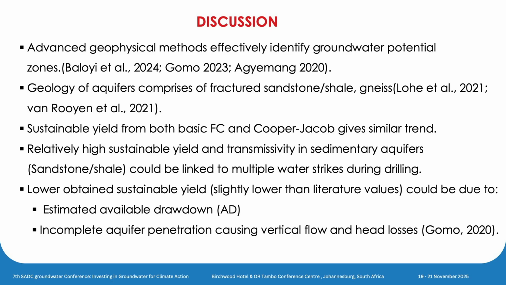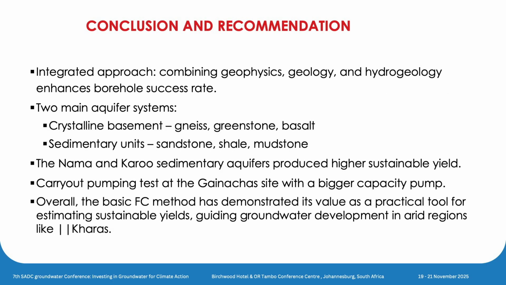and this could lead to vertical flow and head loss. In conclusion, with the integration of geophysics, geology, and hydrogeology, we're able to enhance the assessment of groundwater potential and increase the success rate, because we're able to drill 4 successful boreholes out of 5.